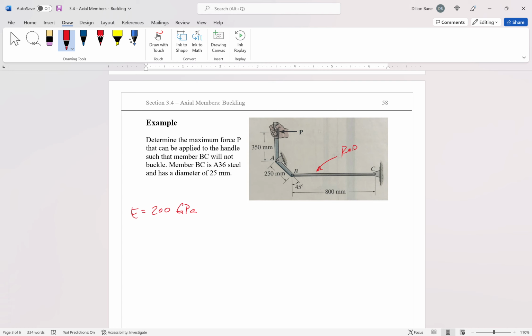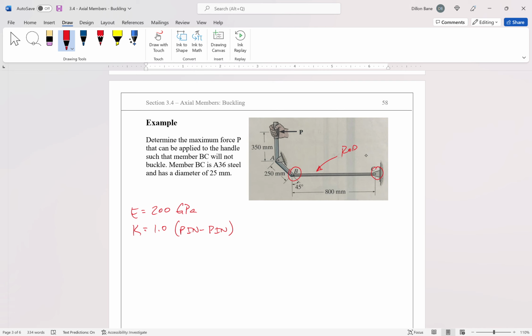We need to calculate the moment of inertia for member BC. What about the K factor? Do we know the K factor for member BC? We do. Looking at the member, it is pinned at B and pinned at C, so it's 1.0 for our K factor.